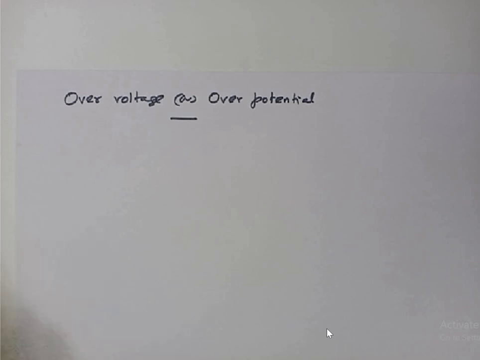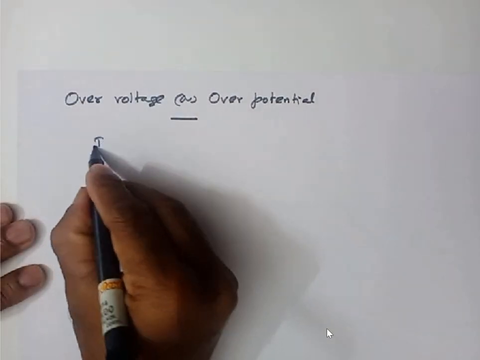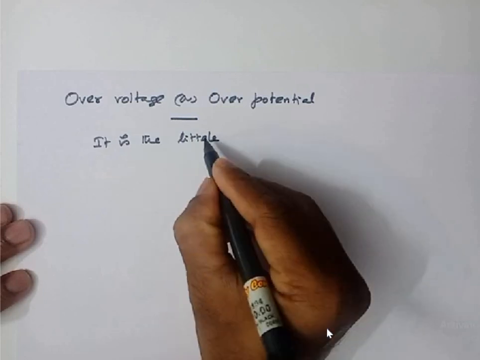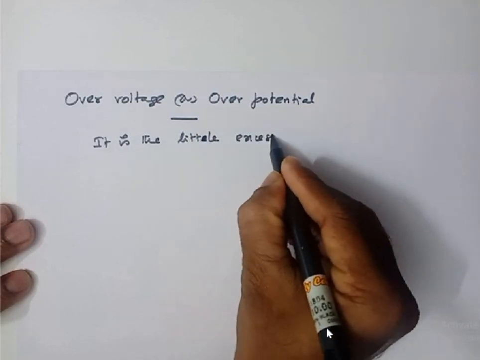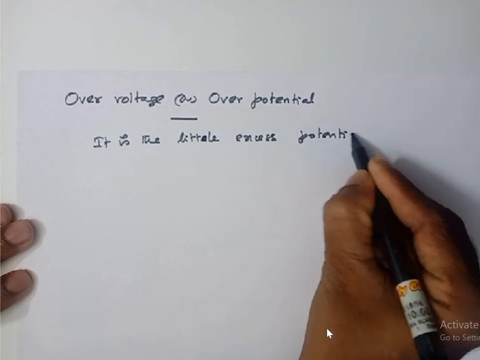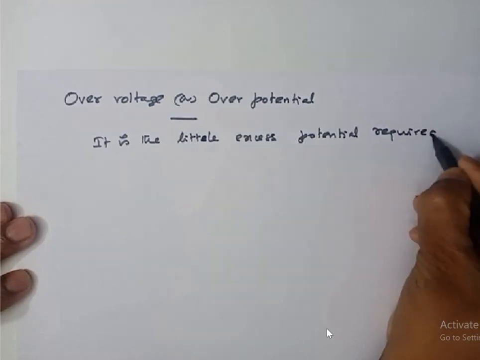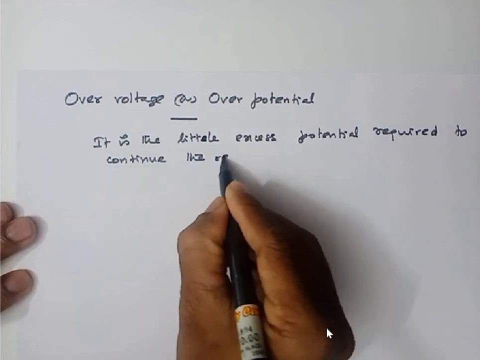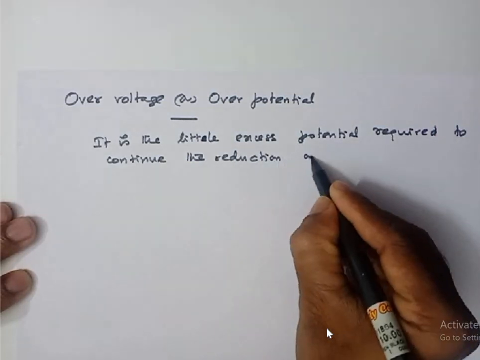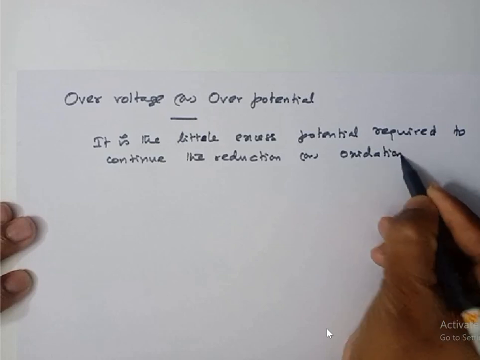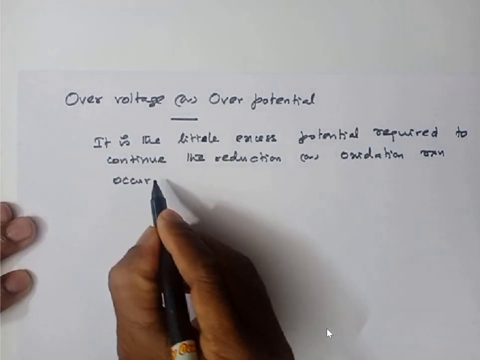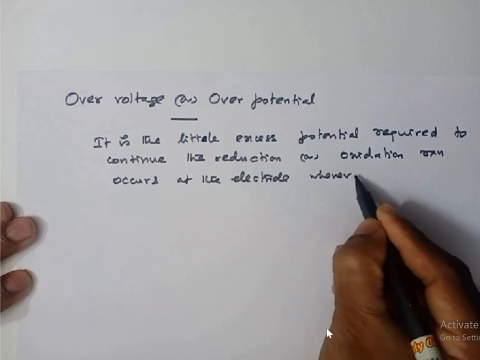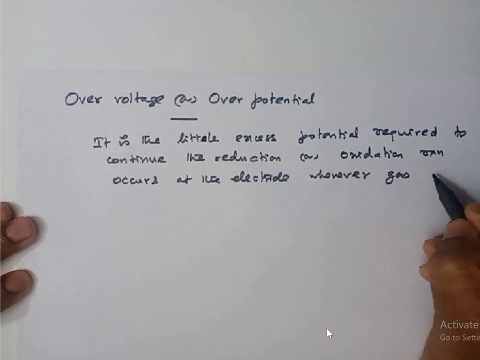Okay, so what is over potential? It is the additional potential, the little excess potential required to continue the reduction or oxidation reaction that occurs at the electrode whenever gas evolution takes place.